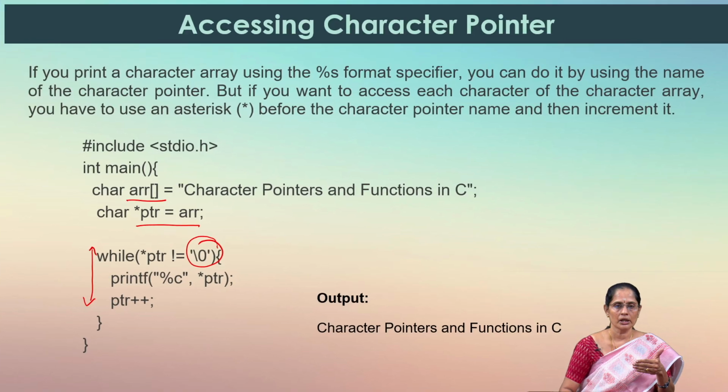So, we will be able to get the complete string displayed. Instead of the %s format specifier, we can even use %c with a character pointer and run the loop to get it done. This is the way that the character array can be accessed.